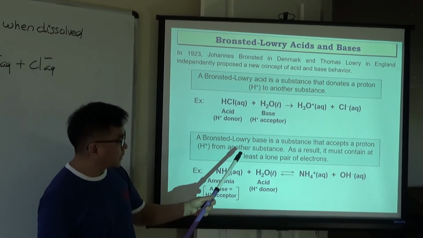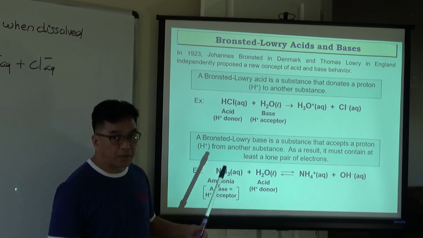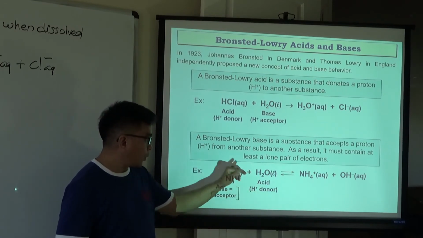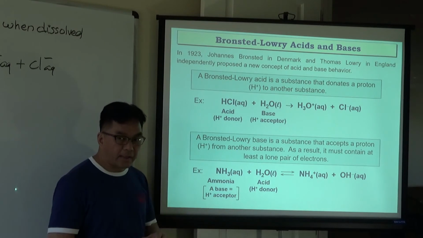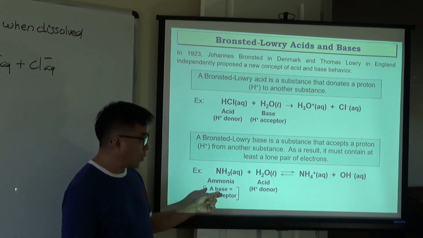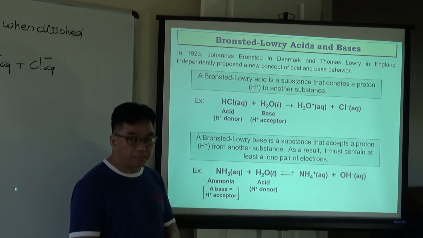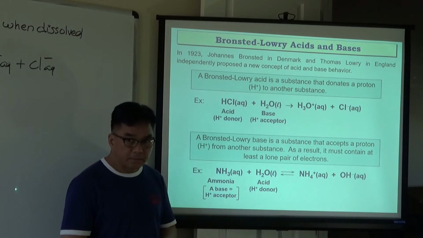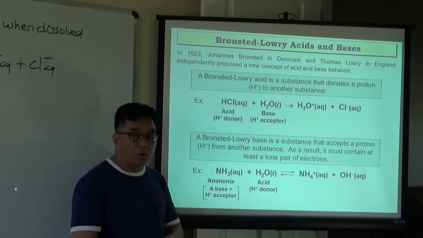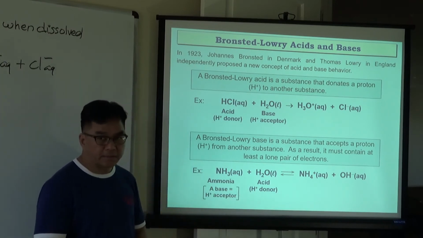A Brønsted-Lowry base is a substance that accepts a proton from another substance, so it qualifies. So you can see in this example that an Arrhenius base like ammonia is also a Brønsted-Lowry base. And the question is, are all Brønsted-Lowry bases also Arrhenius bases? The vice versa case, is that the same?